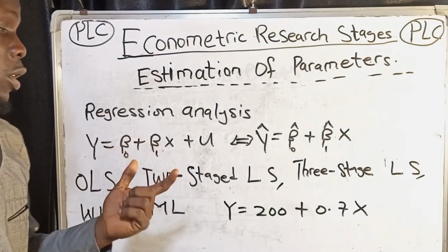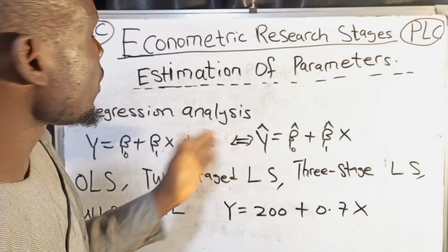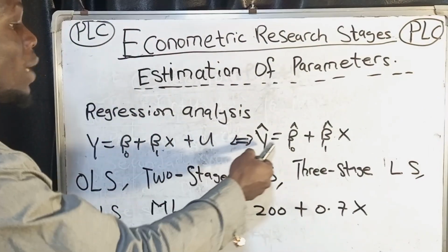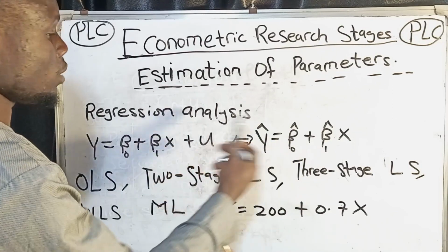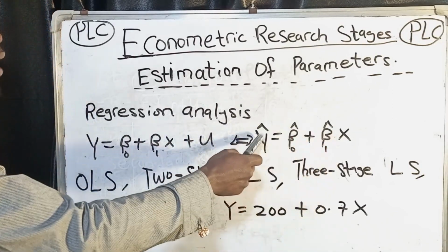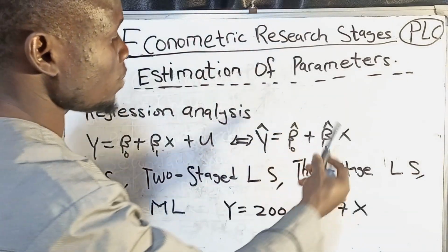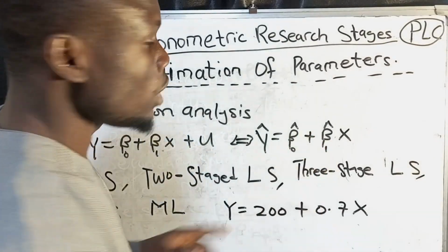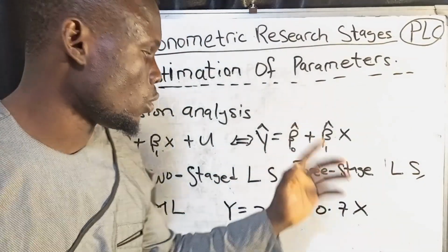When we estimate it, y changes to y cap, beta naught changes to beta naught cap, and beta 1 changes to beta 1 cap. Y cap means y estimate, beta naught cap means beta naught estimate, and beta 1 cap means beta 1 estimate. We should not forget, this is our intercept and this is our slope.